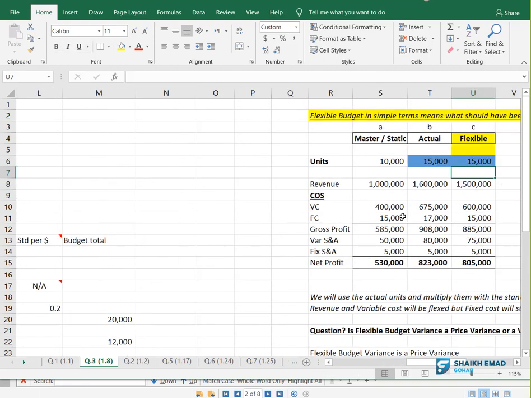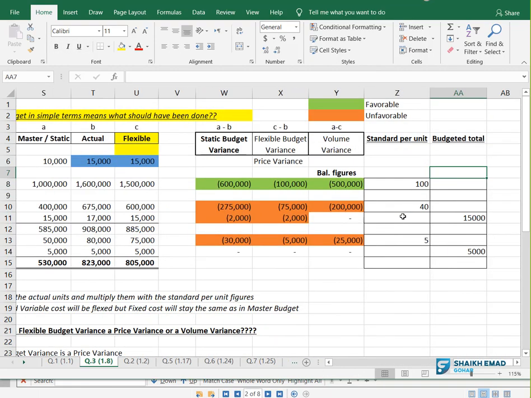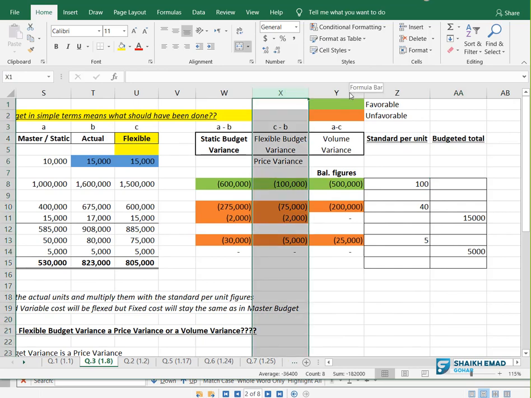Getting my point, everyone? This is one of the benefits of flexible budgeting: you can break down your variance to know how much is relating to price and how much relating to volume.